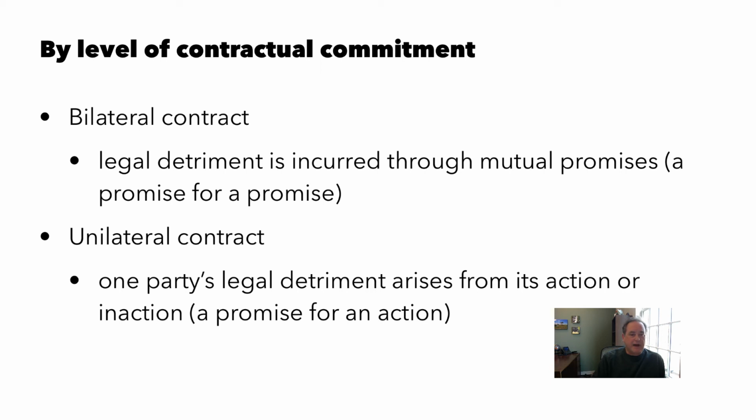Meaning, if I post a reward offering $1,000 for the return of my lost dog, then you are not promising me anything, but nevertheless, if you return my lost dog, I have a binding obligation to pay you the $1,000. So that is a unilateral contract.